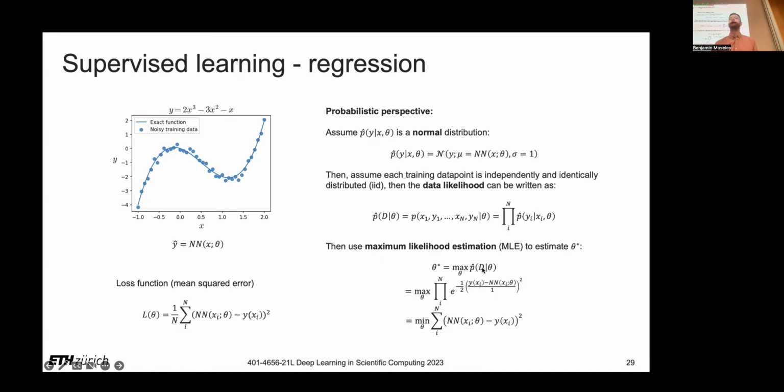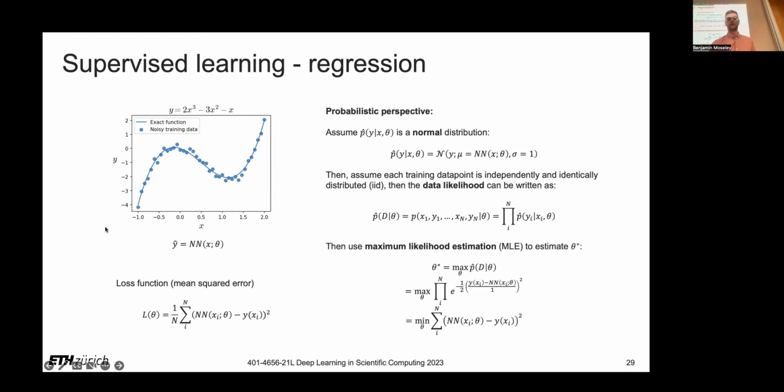We want our training data to be probable. We don't want it to be improbable given our model of the data. And so you can express the probabilities of the data here, these individual training points, given the value of theta, as this thing. What we assume here is that each training data point is independently and identically sampled from this Gaussian distribution.